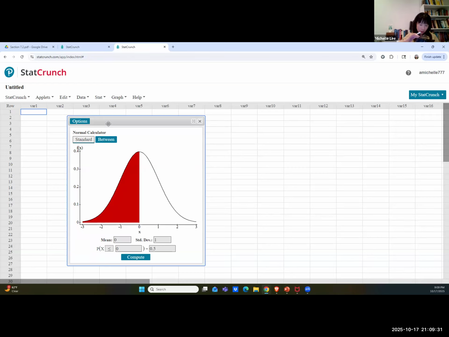So the z-score is less than, okay, hold on one second, let me talk. We are using mean equal to 0 and standard deviation equal to 1 for the standard normal distribution, right? And then this will be Z. Then Z is less than 2.45.